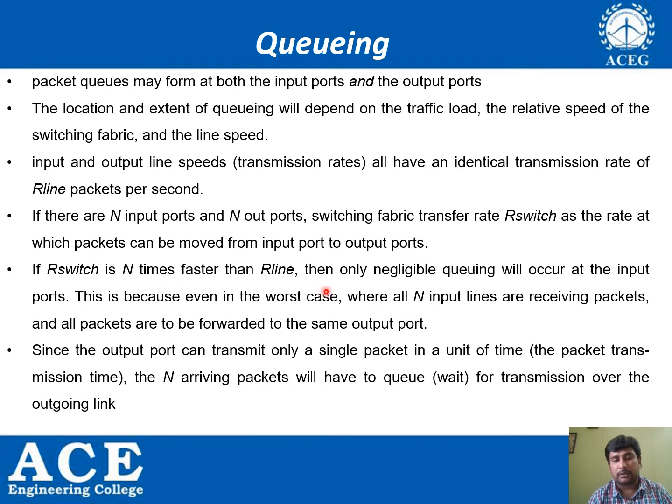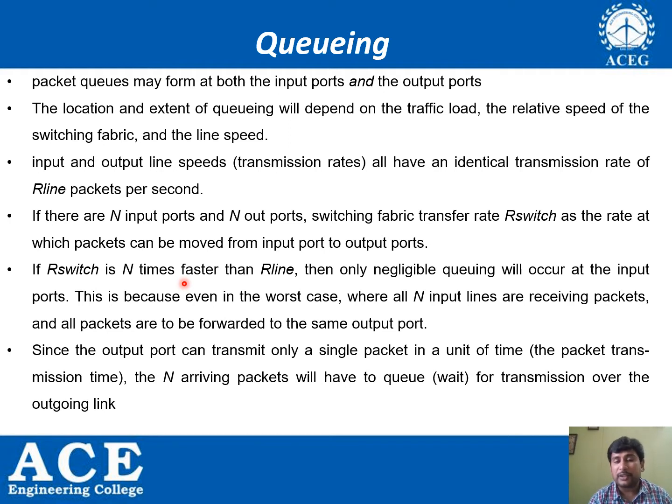When we have such a high switching fabric speed, only negligible queuing will occur at the input ports. Simple: whatever packets come at the input ports will be accepted by the switching fabric, so you don't find any kind of queuing at the input port.